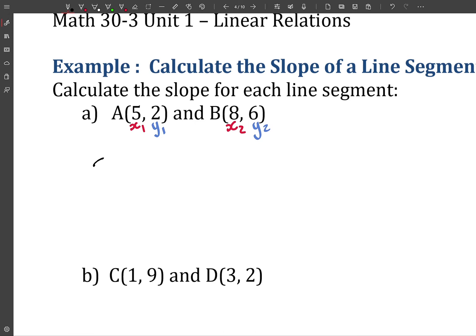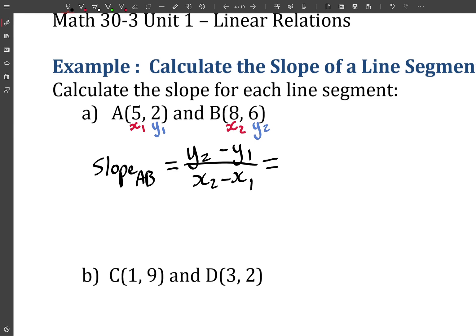So to calculate the slope of AB, we are just going to take y2 minus y1 all over x2 minus x1. Common mistake is to put x on top, to do x2 minus x1 on top. Don't do it on top.